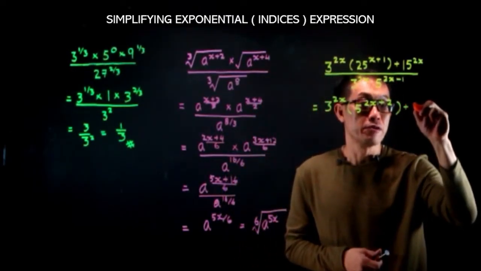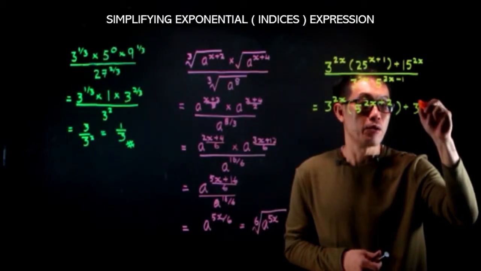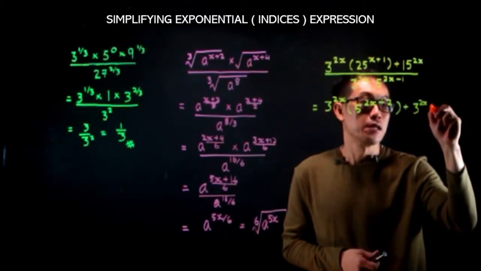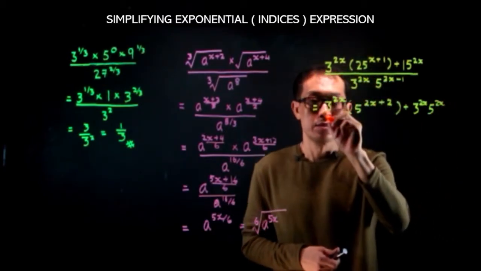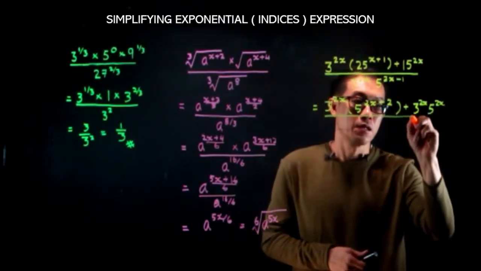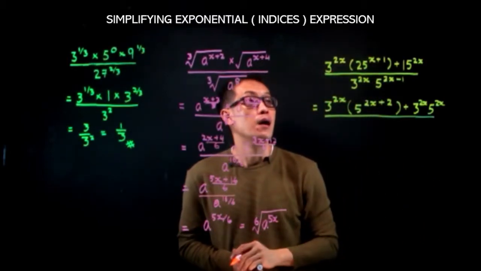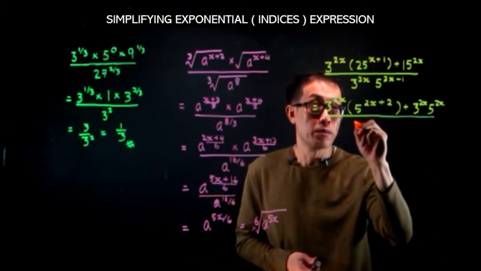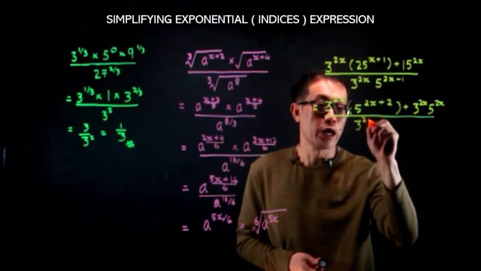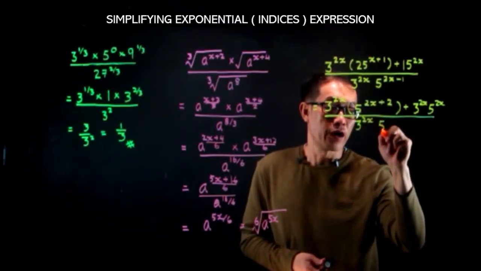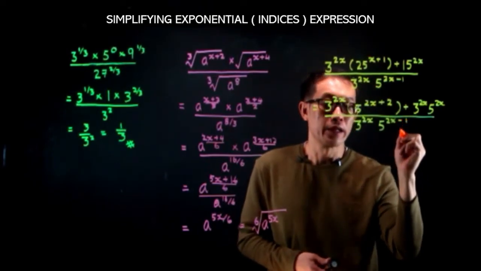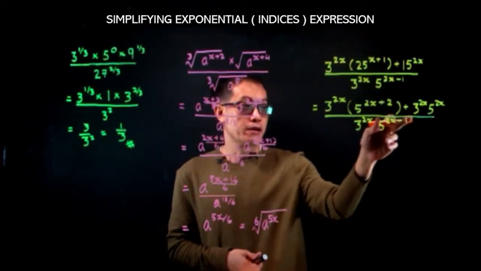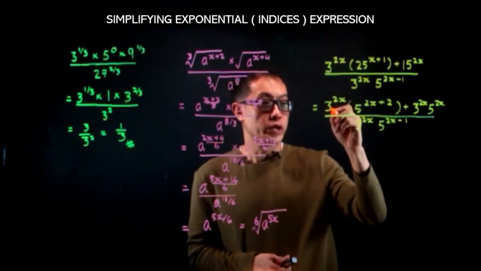So this can be rewritten as 3 to the power of 2x into 5 to the power of 2x. So your denominator, you have 3 to the power of 2x into 5 to the power of 2x minus 1. Now 3 to the power of 2x is common, so we can cancel them.